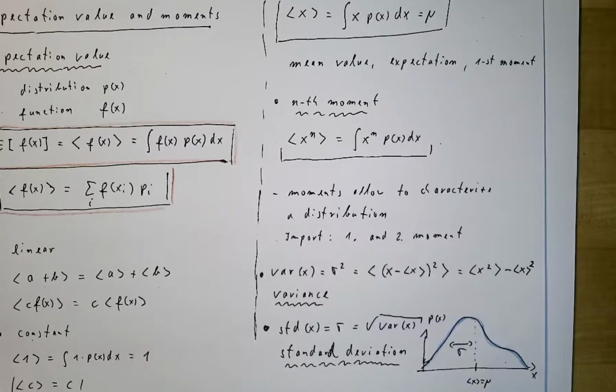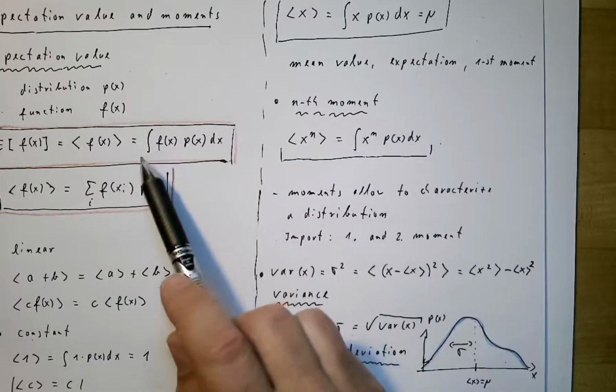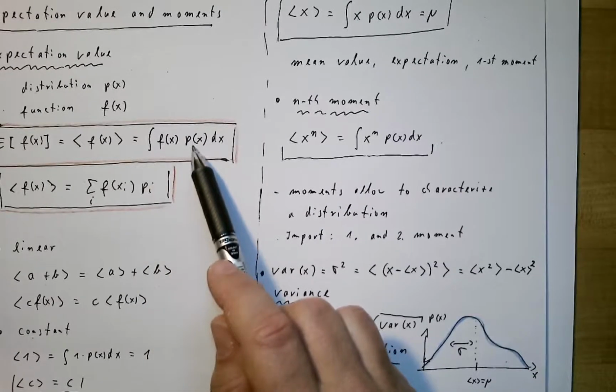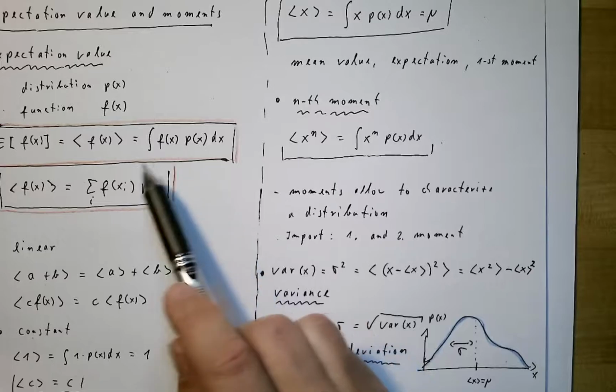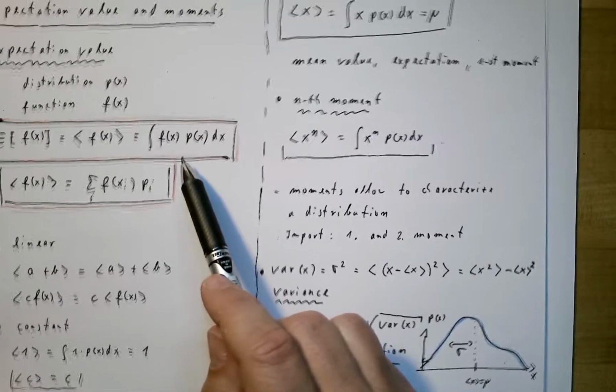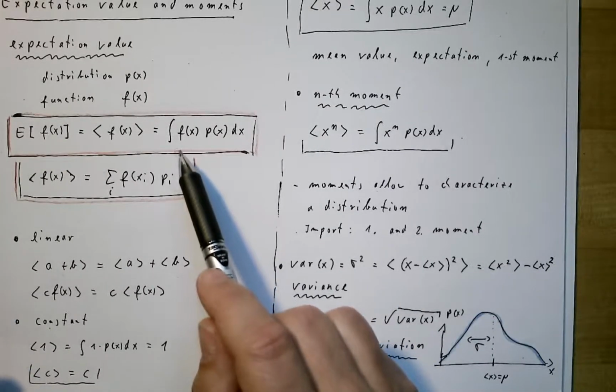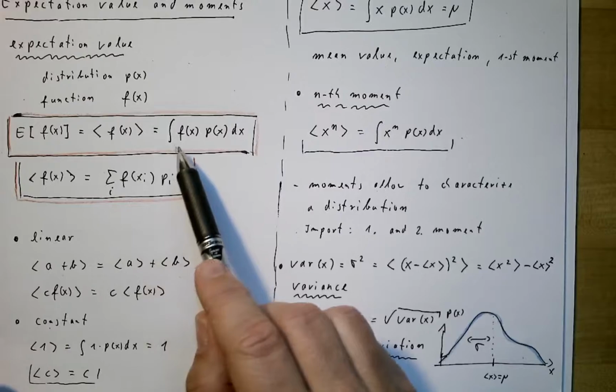Maybe I should say already now, there is no guarantee that these expectations exist. We have to integrate over the probability distribution, and this expectation could diverge. Yeah? And in fact, for the most interesting distributions we discover later in the lecture, many expectations will diverge.